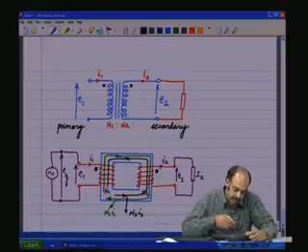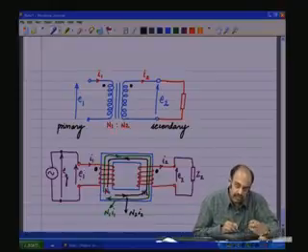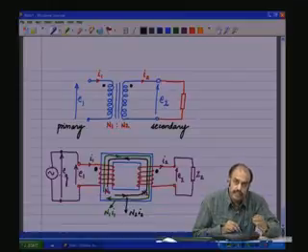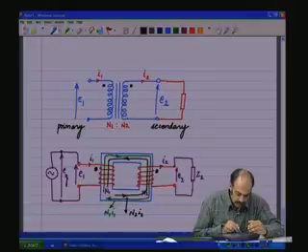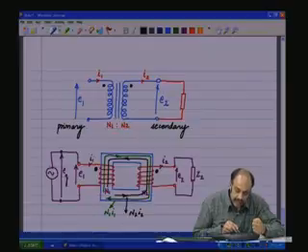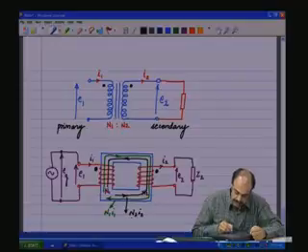A reduction in the MMF means on this side the induced EMF E1 has reduced, but the applied voltage EG is still the same. The EMF here E1 instead of being same as EG has now reduced, which means there is a voltage potential difference which will cause a very high current to flow. So, the current will keep on increasing till the current I1 here balances the cancellation due to this.